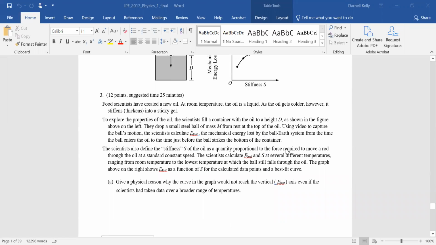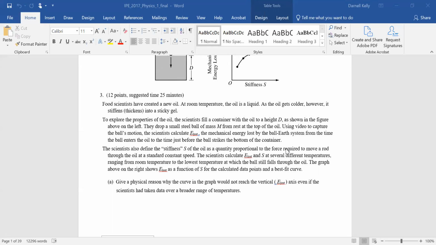Give a physical reason why the curve in the graph would not reach the vertical E lost axis, even if the scientists had taken data over a broad range of temperatures. Again, it's the oil. That's reasoning. One thing you could say is that it's taking a long time because the viscosity of the oil changes as it goes through.